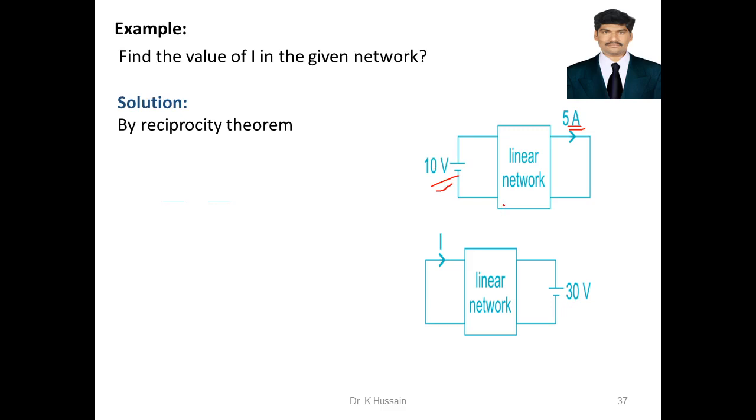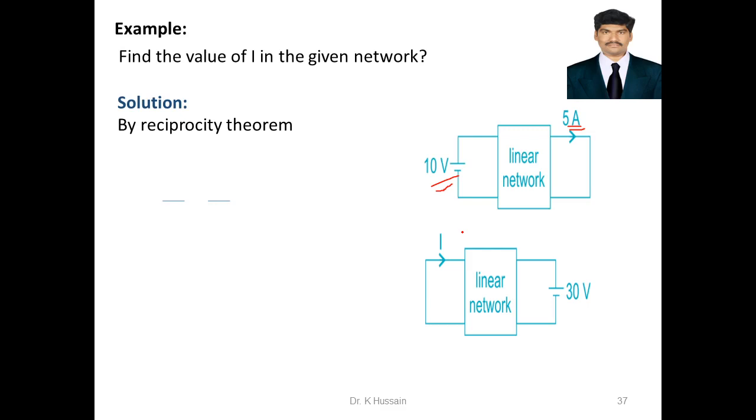So what I have taken, in place of this, I am replacing with a voltage source only, but that value I increased. Okay, why did I increase it? You have to find the current. If I keep the same voltage source directly, you can easily find out how much you will get. Already we have shown that, right?